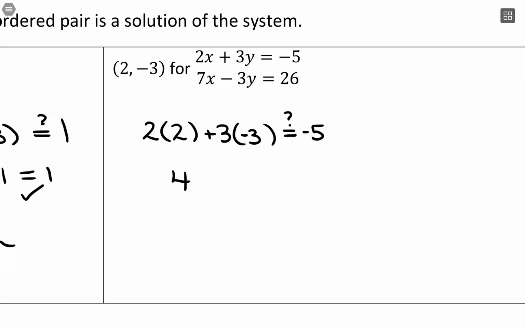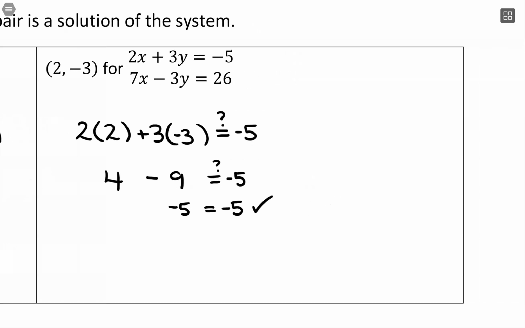So we have a positive 4, and then we have a negative 3 times 3, which is 9. And I see, does that equal negative 5? Which it does. So that works great. Plugging into the second equation, we're going to have 7 times x, which is 2, and then minus 3 times y, which is negative 3, and does that equal 26?